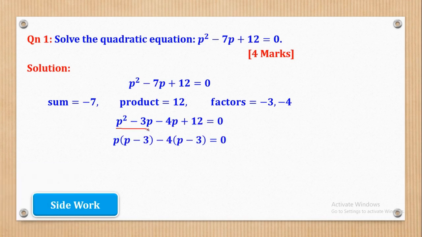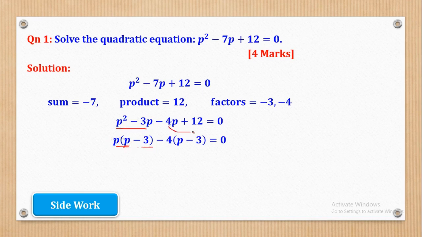When I pair these two, I realize that the common factor is p. So I've pulled p outside. When I pull p outside, what you put in brackets is got by dividing. So for this term, I'll say that p squared divided by p, I'll come up with p. So this is where the p is coming from. Then for this part, I will say -3p divided by p, I'll remain with -3, which is that.